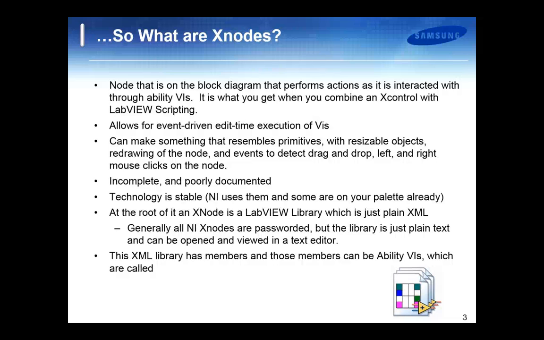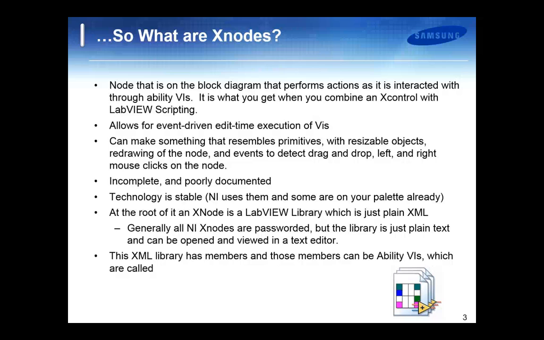An XNode is a node on the block diagram that performs an action as it's interacted with through ability VIs. It's sort of what you get when you combine an XControl with LabVIEW scripting. It allows for event-driven edit time execution of VIs. This is, again, only for the block diagram, not on the front panel like an XControl like you maybe are more used to.